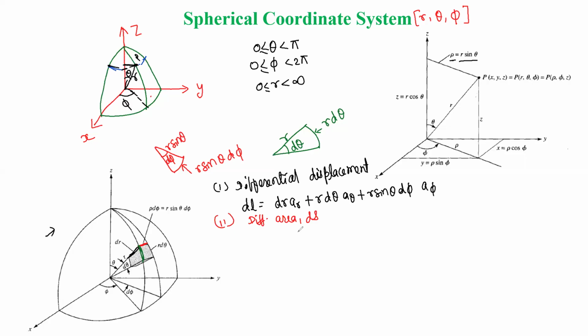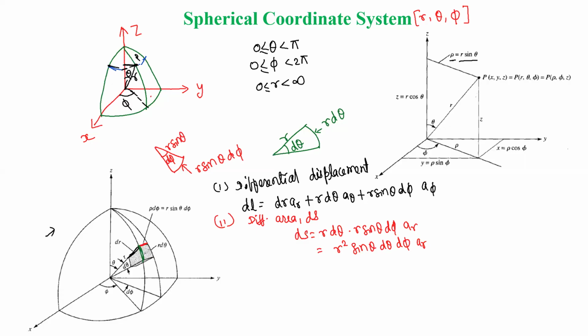So this ds we can write as r d theta into r sine theta d phi, with vector a r. Rearranging, we have r square sine theta d theta d phi, radially outwards.